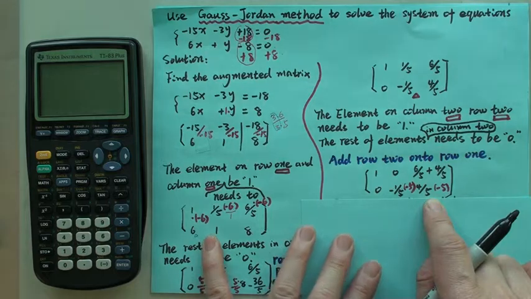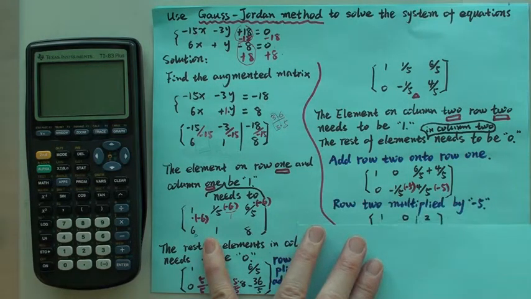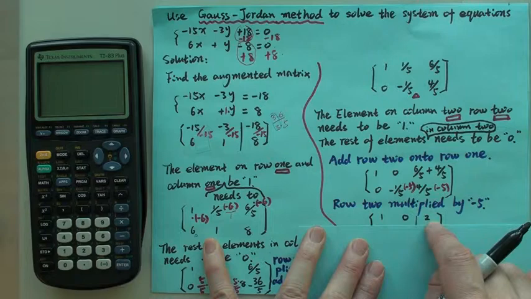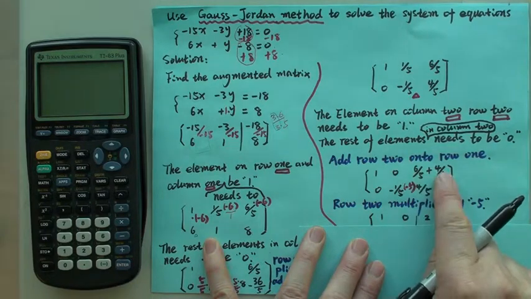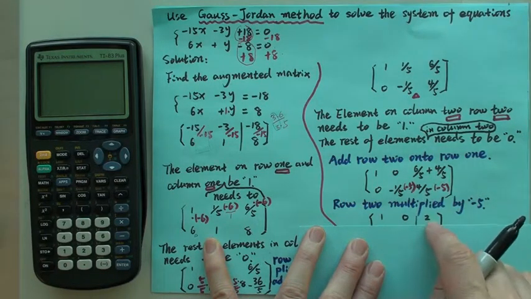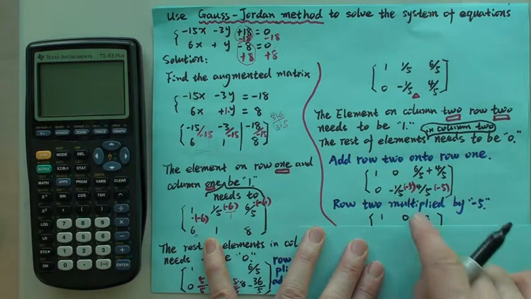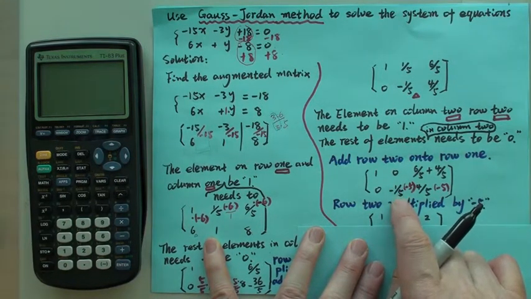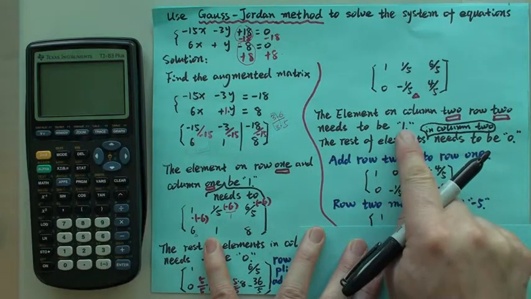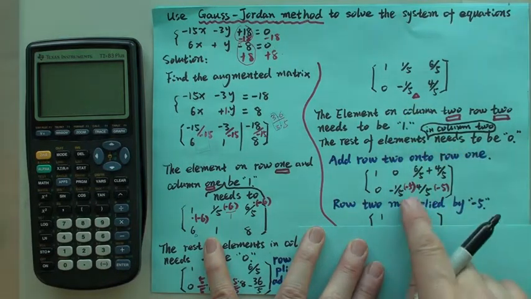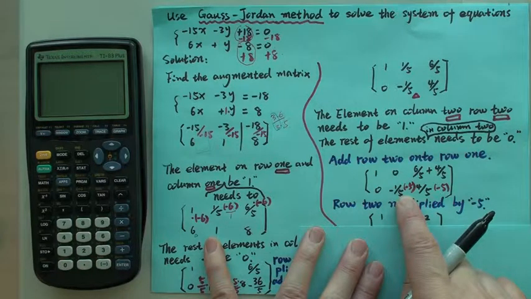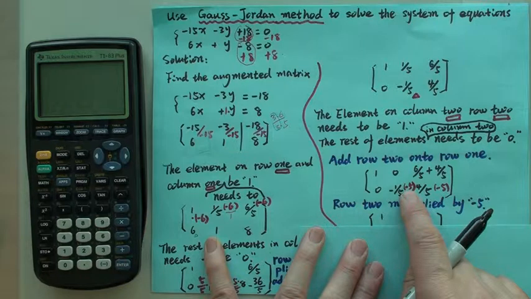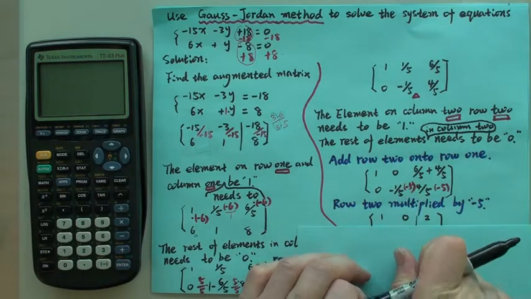Now we have 1, 0, 2, because 6 plus 4 is 10 divided by 5 is 2. Then I want this spot to be 1. If this one needs to be 1, then we always multiply by the reciprocal of this number. It was negative 1/5, so we multiplied by negative 5 everywhere.